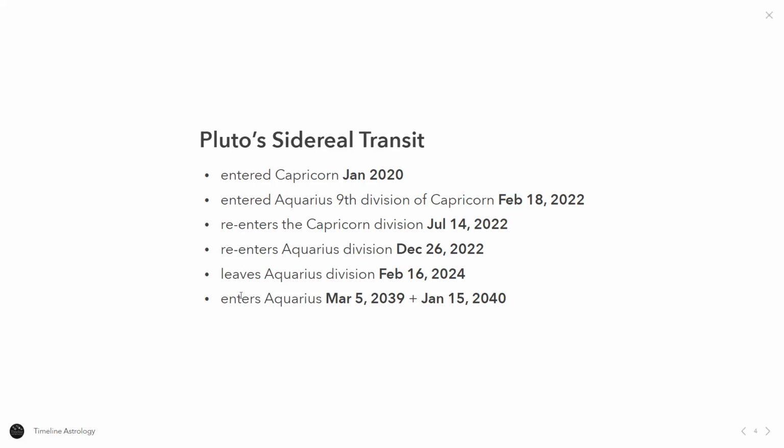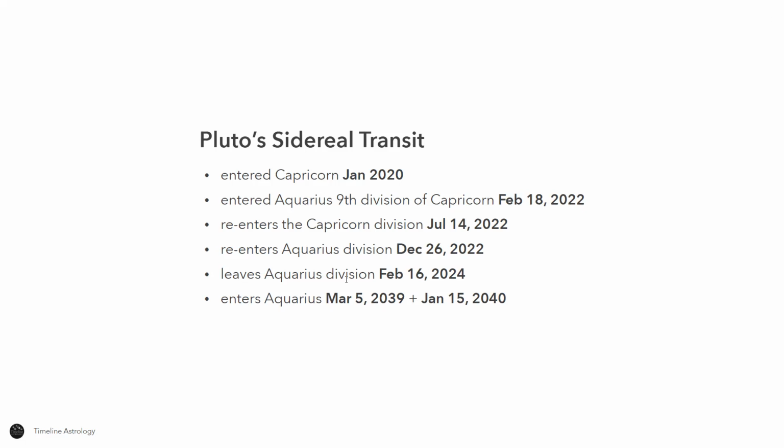And then, this is an aside, it enters Aquarius itself, sidereal Aquarius, the sign Aquarius, apart from the sign Capricorn, on March 5th, 2039, and then back and forth, before it goes finally in on January 15, 2040. So maybe leave out that last one for now, because I want to highlight this division of Aquarius.